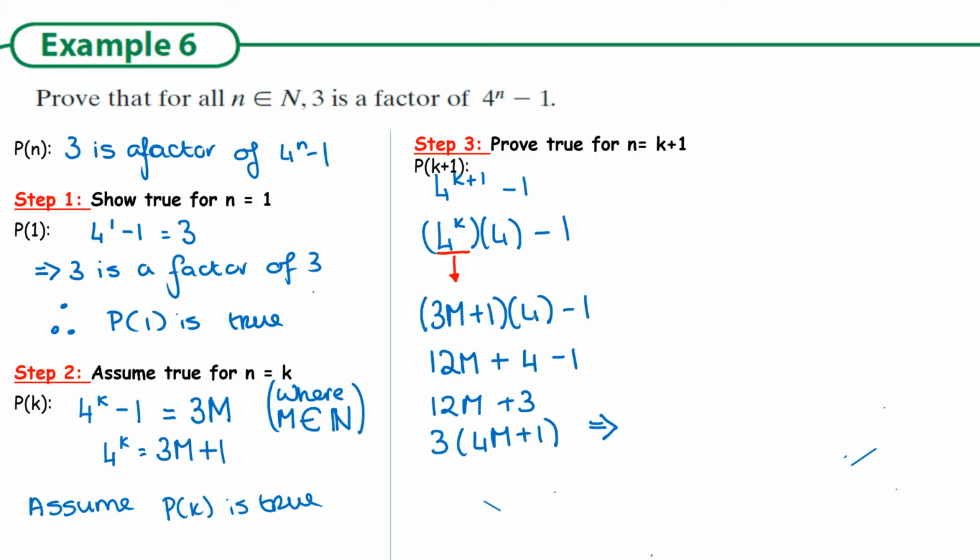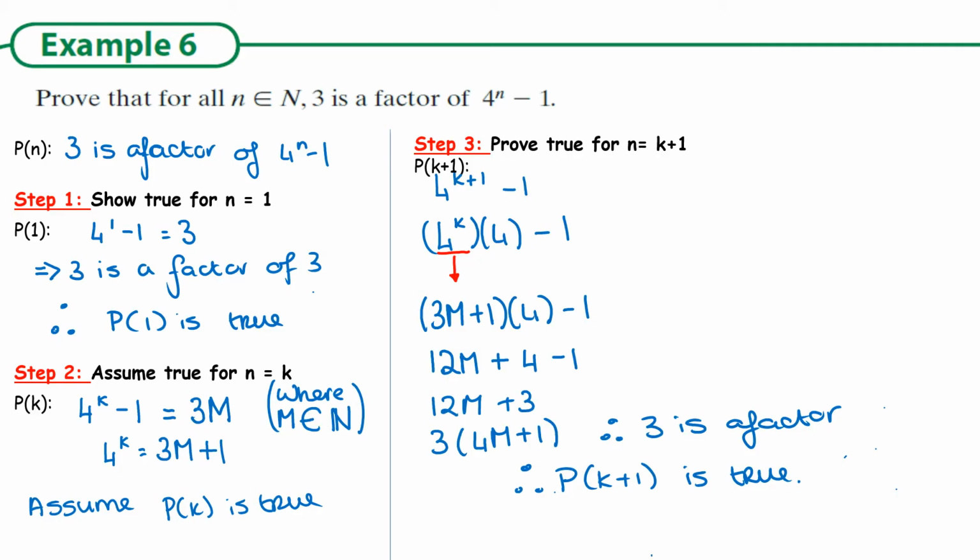Sorry, now to clean all this up. So we can say therefore 3 is a factor. Therefore Pk plus 1 is true. So that little bit of substitution from step 2, I think that makes these questions a lot easier.